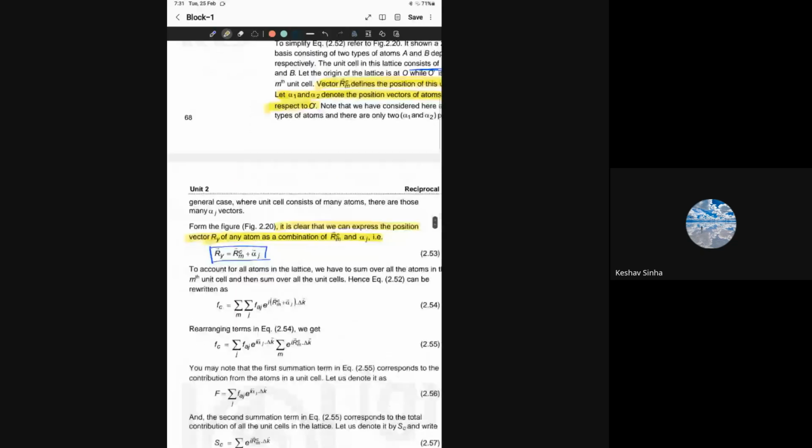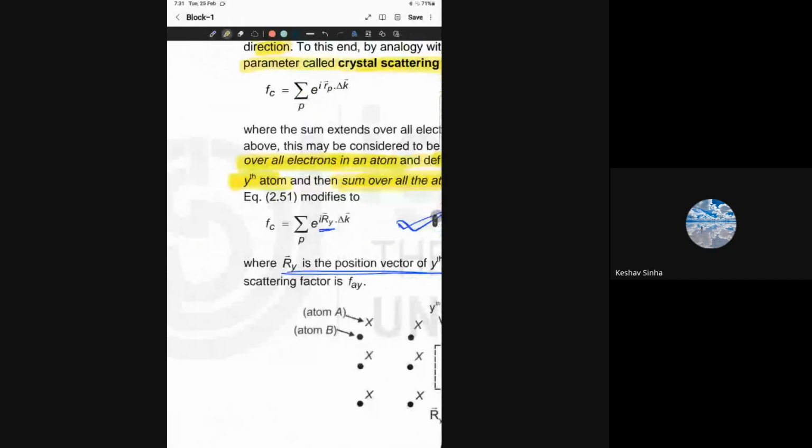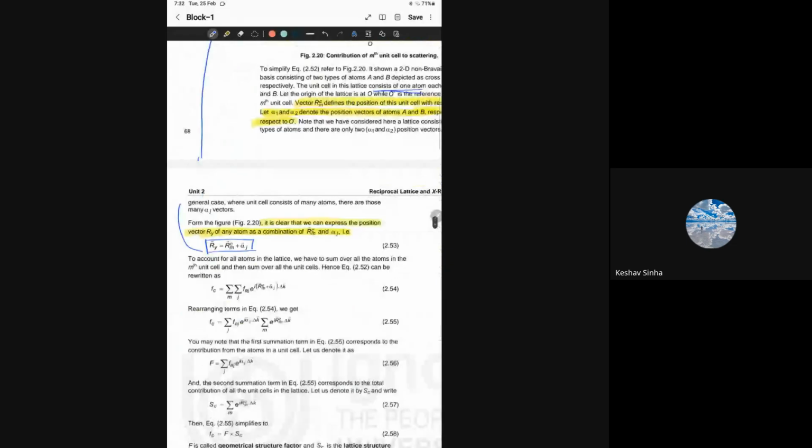Now, coming back to the mathematics, if we substitute R_j, the one we wrote here, into this equation, then we will get this equation.